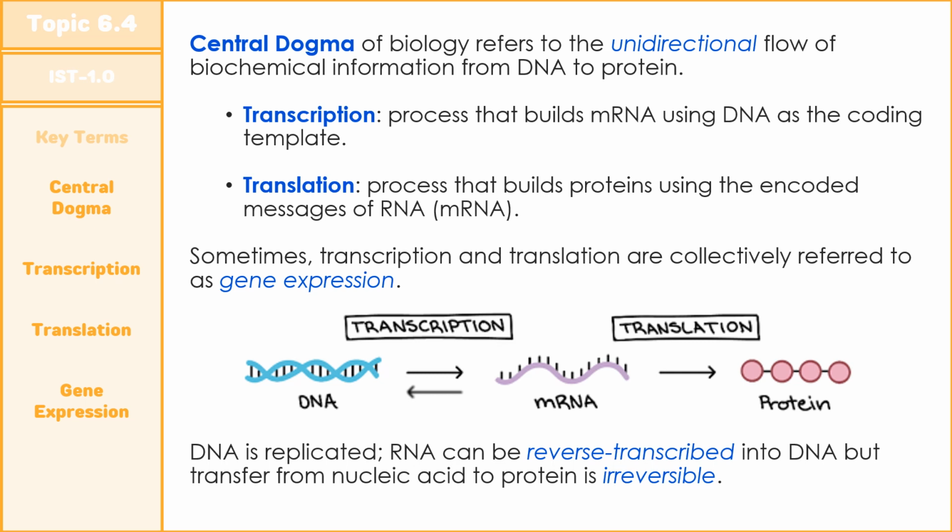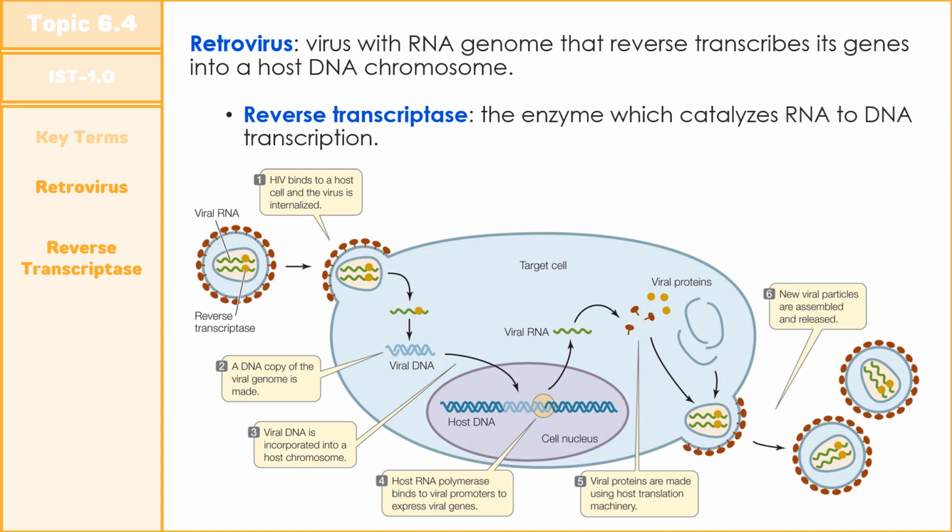So why in the world would we want to do this? Well, there are things that like to attack our cells, like viruses, that have genomes that are composed of RNA rather than DNA.